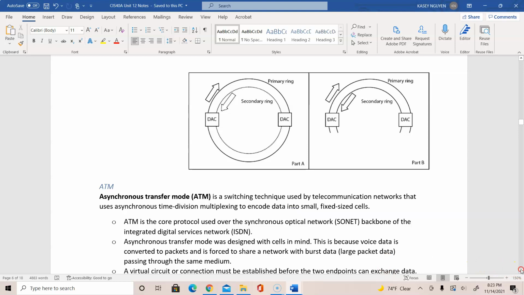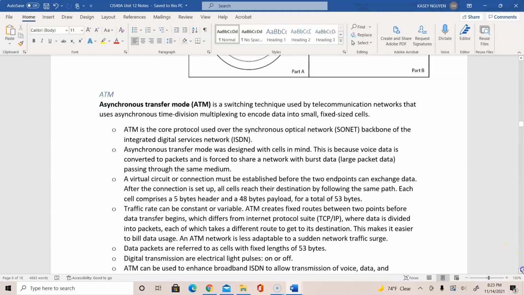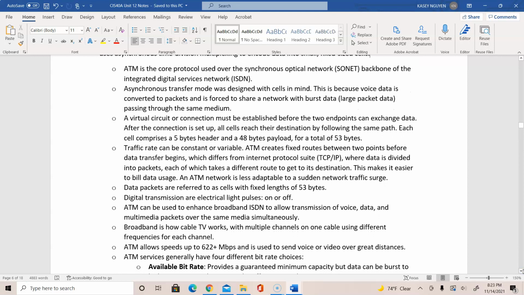So the ATM was adapted for voice or data, converting the packets. In a case where we would have a large packet of data or burst data, it would be able to pass through the same medium, where it would set up the cells and be able to use the same path. So the cell consists of a 5 byte header and 48 byte payload, with a total of 53 bytes.